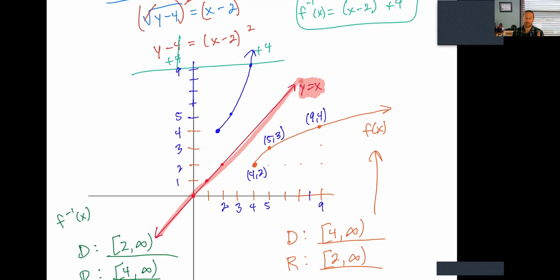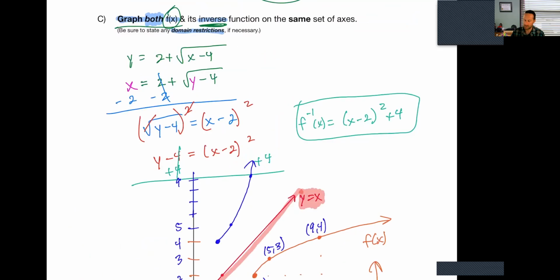Okay? So make sure that you notice if this is going to be an inverse one-to-one function, then we would have had to have said that we got to restrict, because technically this is a parabola and we would have the other half of it.